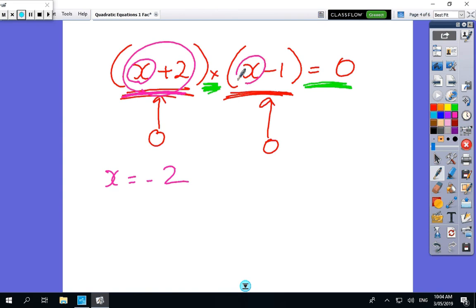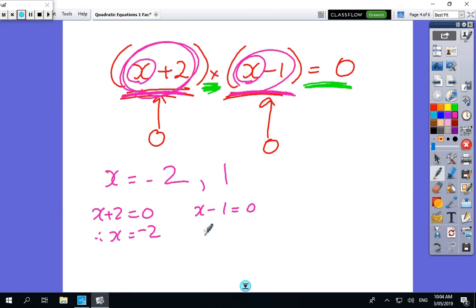And what value of x makes the whole thing 0, and the answer is 1. So there's two answers. Okay, so basically you're solving an equation. So to go back to that, x plus 2 equals 0, so x equals minus 2. Or x minus 1 equals 0, so x equals 1. Now you don't have to write the equations out, sometimes you can just see the answers. Okay, copy that and come across.